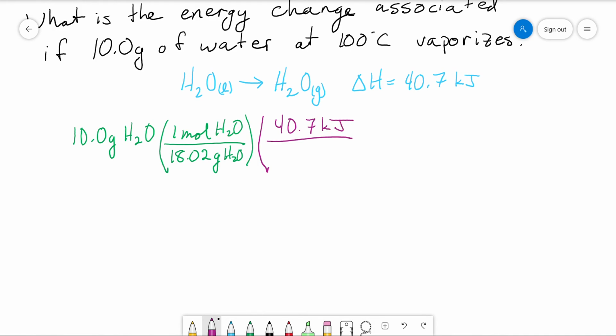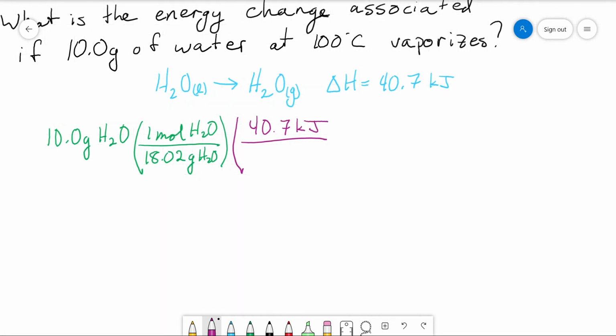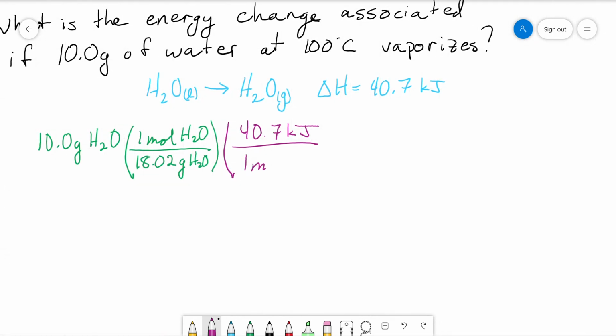And this is, like I said, per 1 mole of water. So this is a little bit like a mole ratio. Anytime you have a chemical reaction, it doesn't matter what the coefficient is, you can just take that delta H and put it over however many moles of whatever you're looking at. So if this, for instance, were 2, not that it is, it would be 40.7 kilojoules per 2 moles of H2O, but it's not.